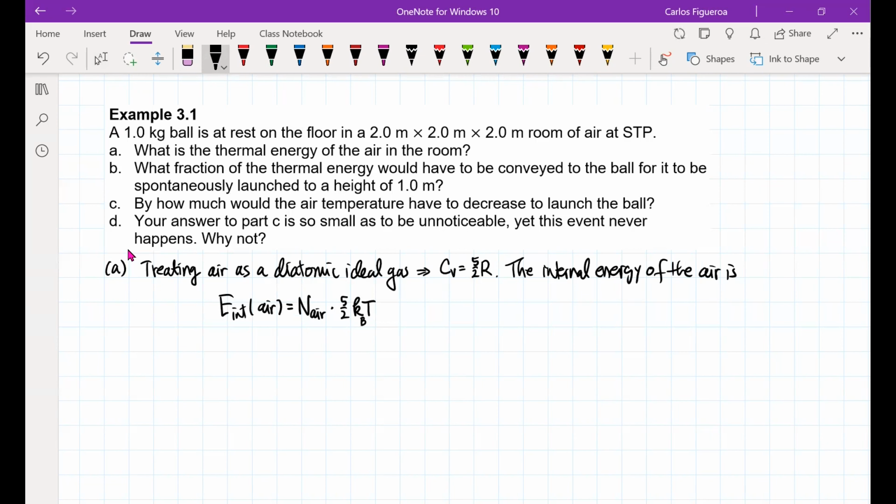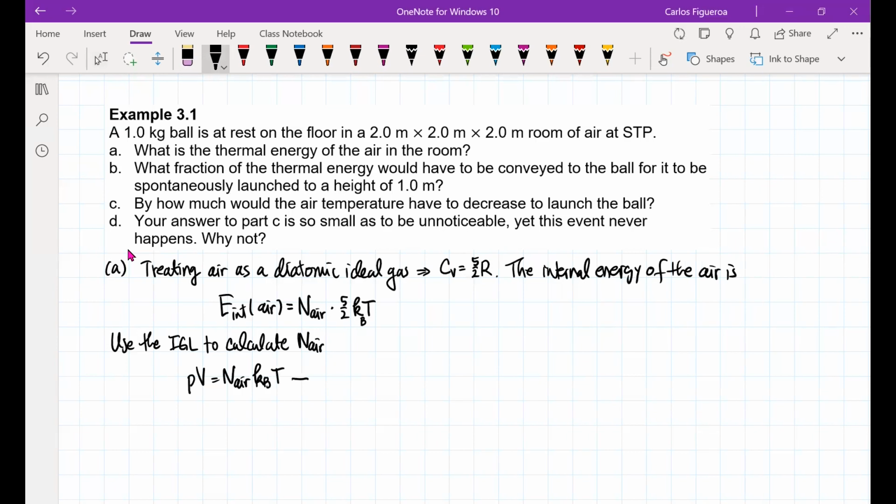So that means I have to calculate the number of gas particles first. So I'm going to use the ideal gas law to calculate N of air. Now the way I'll do this is that I'll use the per molecule ideal gas law, which says that PV is N of air times kBT.